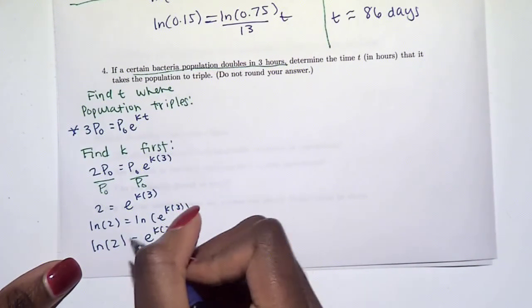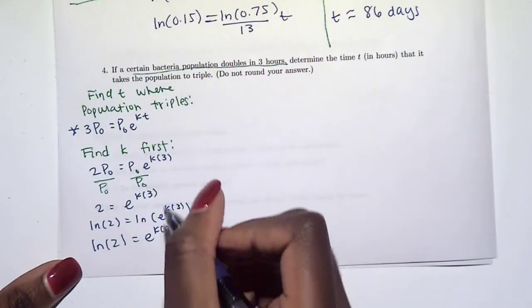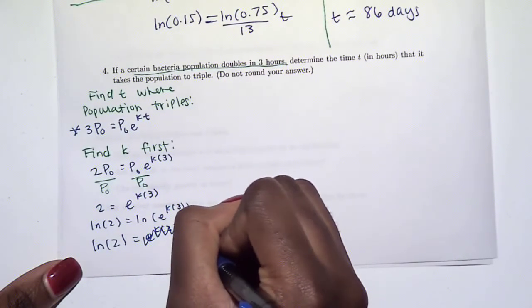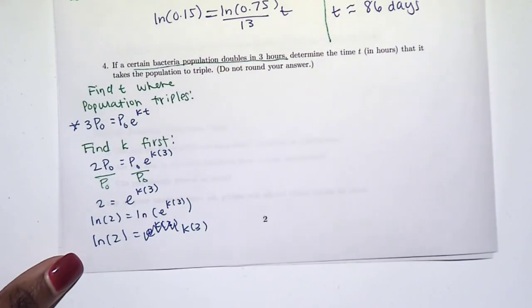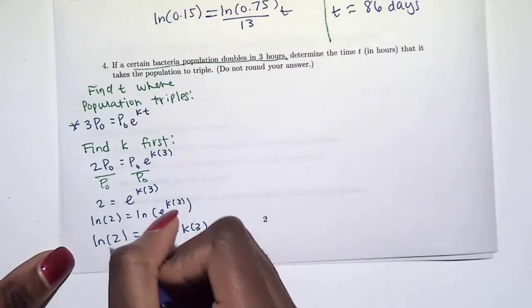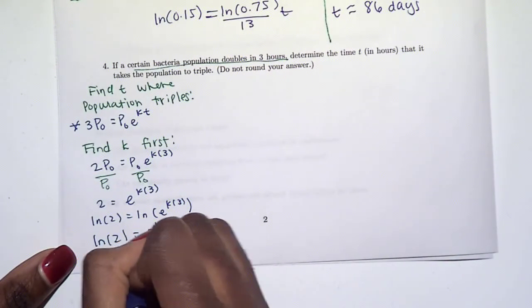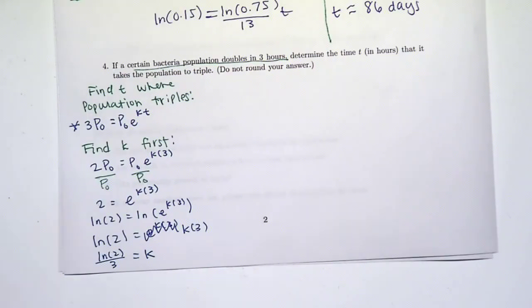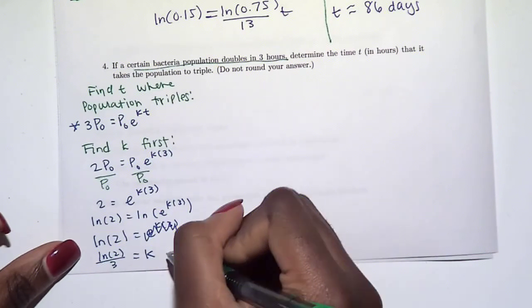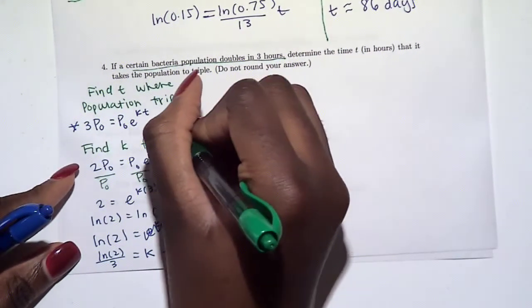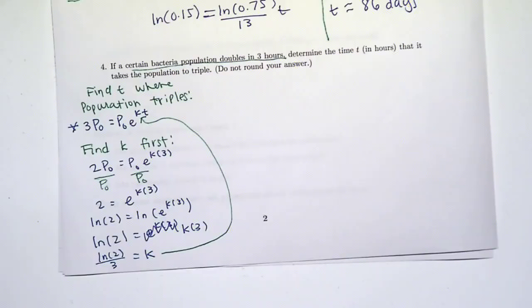All right, and then we find that k, oops, this is just k times 3, sorry about that. Divide by 3. We now have our constant, our k. So this is the k that we're going to use up here.